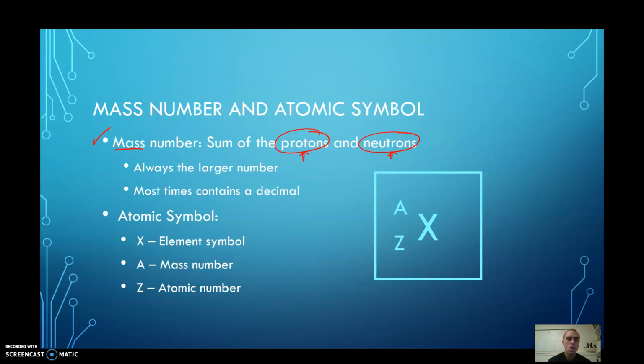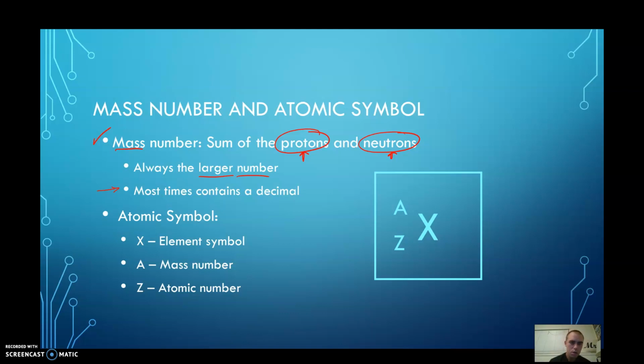This is always going to be the larger number. Most of the time on the periodic table, this number is going to contain a decimal. Not always. When you get down into the really big atoms, it doesn't always contain a decimal, but in the common atoms, it does.